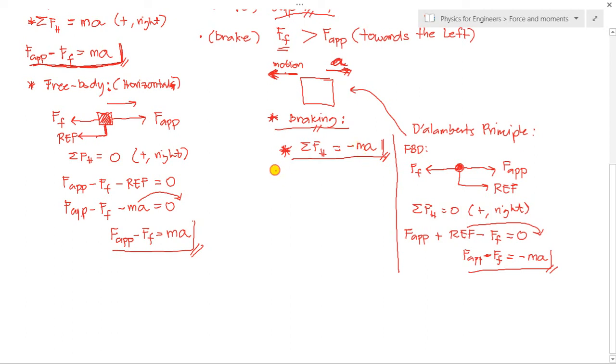So here, you can say that the applied force minus the frictional force is equal to negative mass times acceleration. Therefore, both methods come up with the same equation. But I suggest, class, that you use the second method, D'Alembert's, because the chances of committing errors are lower.